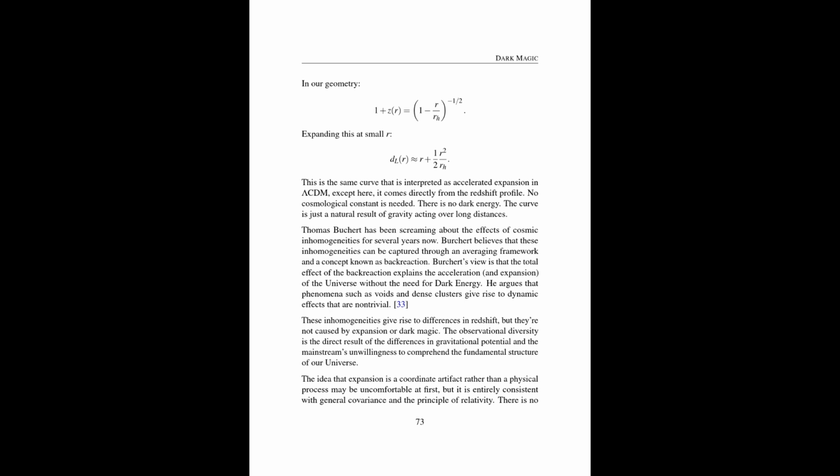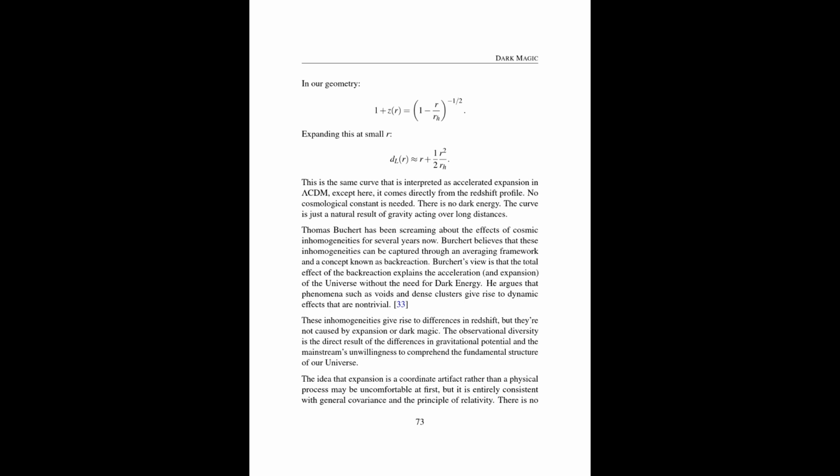The observational diversity is a result of the differences in gravitational potential and the mainstream's unwillingness to comprehend the fundamental structure of the universe. The idea that expansion is a coordinate artifact rather than a physical process may be uncomfortable at first, but is entirely consistent with general covariance and the principle of relativity.